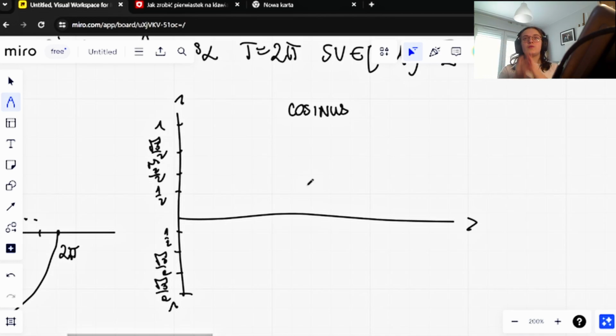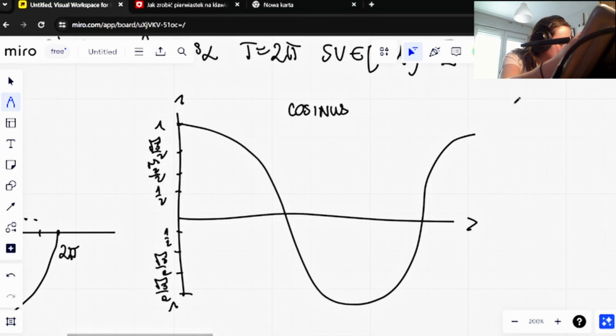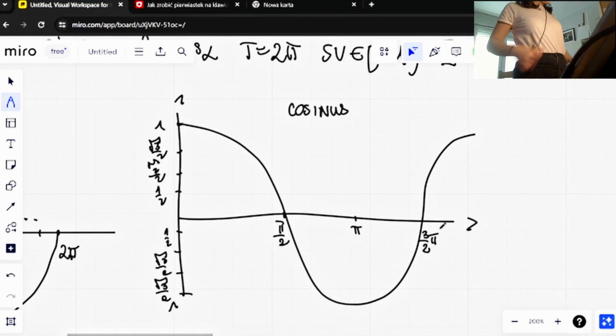As you might know from the table, cosinus starts from 1, so it's basically just a sinus that is shifted in the other direction by 90 degrees. So the same thing happens. You just put the same values from the table.